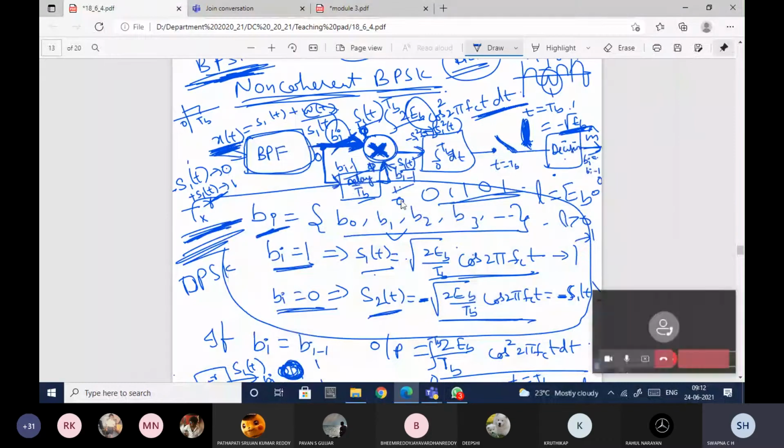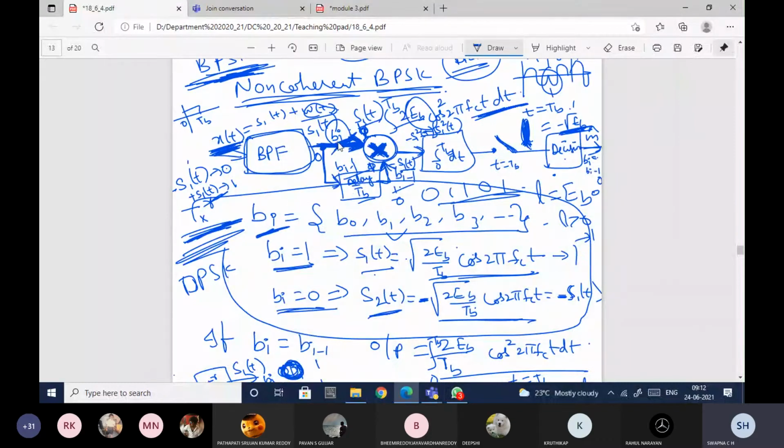Whatever Bi corresponding equation I have, that equation I'm getting from the transmitter end. So let me consider the present bit Bi is transmitted as 0, but the receiver has received it as 1. What happens? It will be an error, and the output will not be correctly decoded.